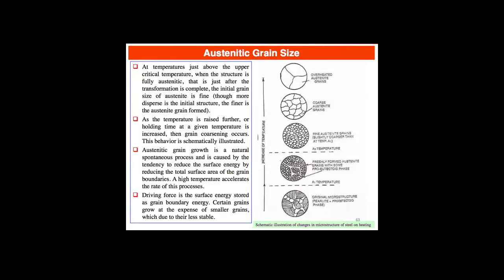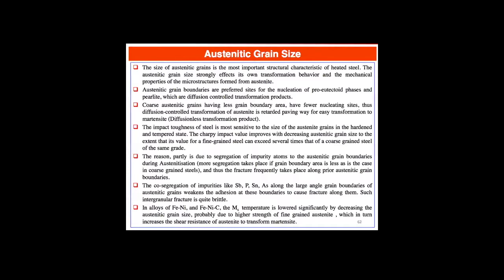So we left off at the prior austenite grain size, and we had mentioned that this is an important microstructural aspect because it largely governs the toughness of the steel in the hardened and tempered state.